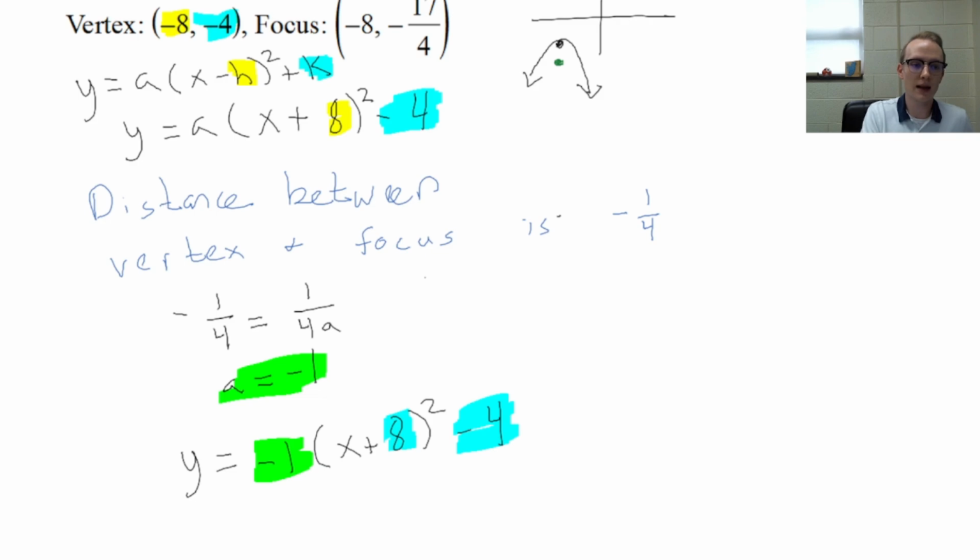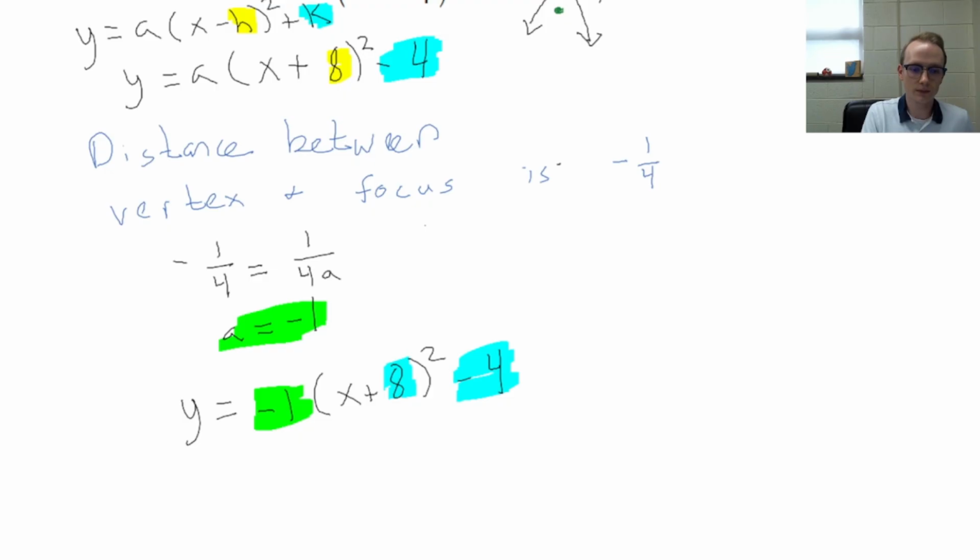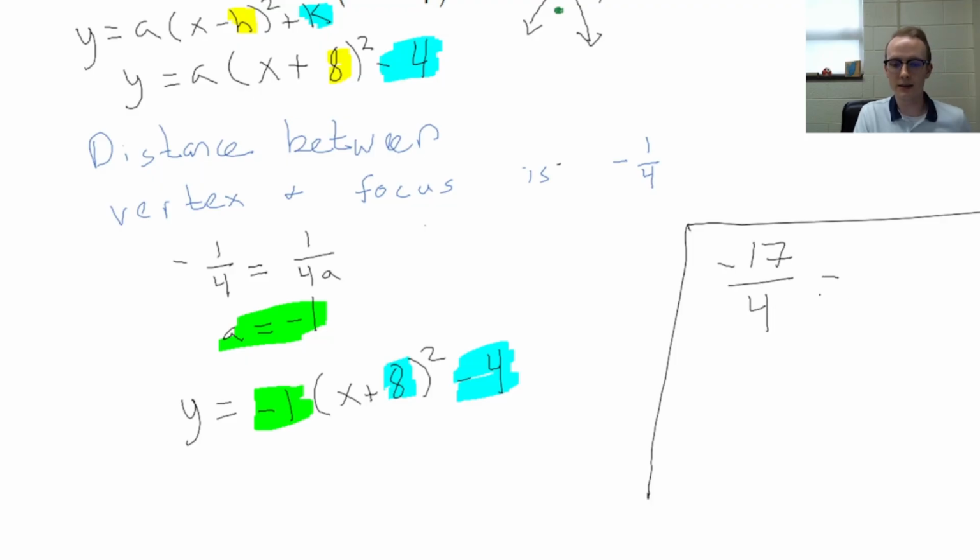So we could say negative 17 over 4, the y-coordinate of our focus, is equal to k plus 1 over 4a. But what is k? K is negative 4, so we could say it's equal to negative 4 plus 1 over 4a. And then we just need to solve for a.